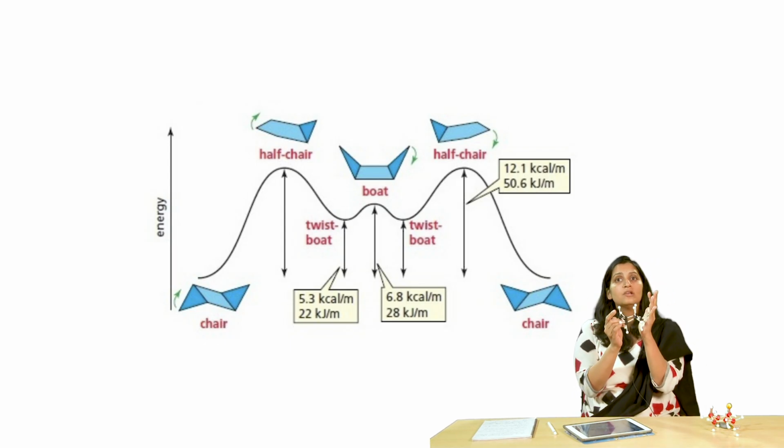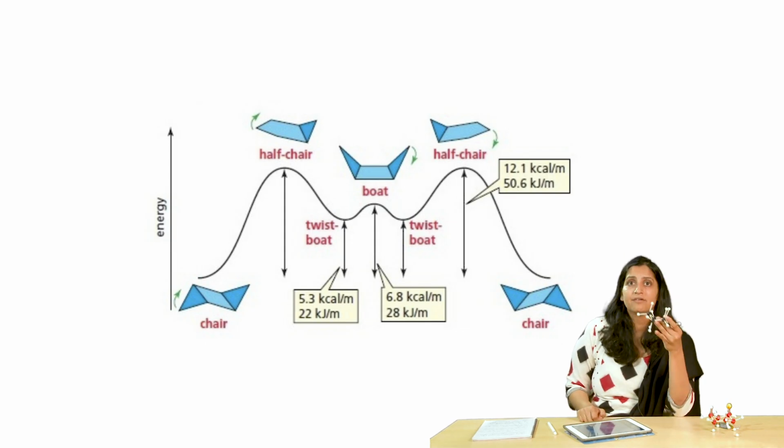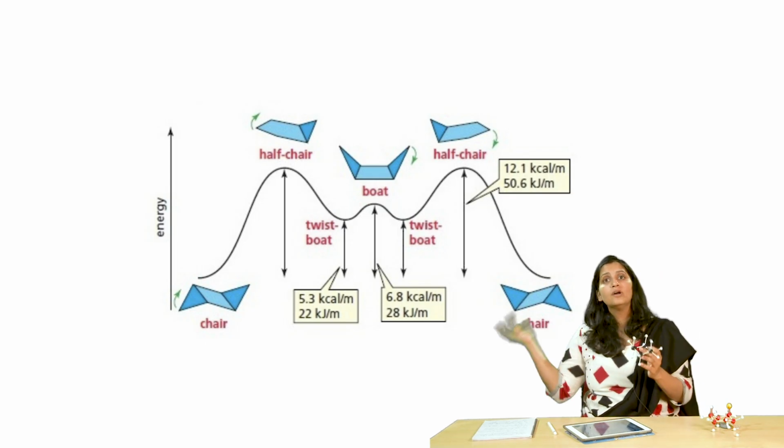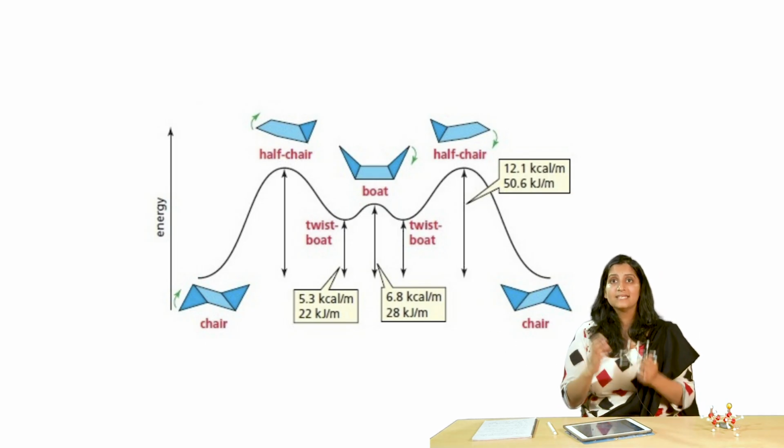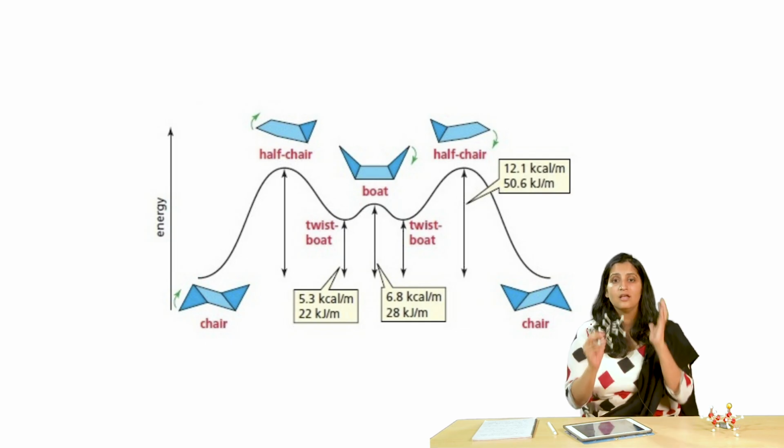Once it is locked, the axial bonds will be different from the equatorial bonds. So in fact, cyclohexane does show a temperature dependent NMR: as I go on lowering the temperature, I start seeing that there are two types of hydrogens, really indicating the axial and the equatorial positions.